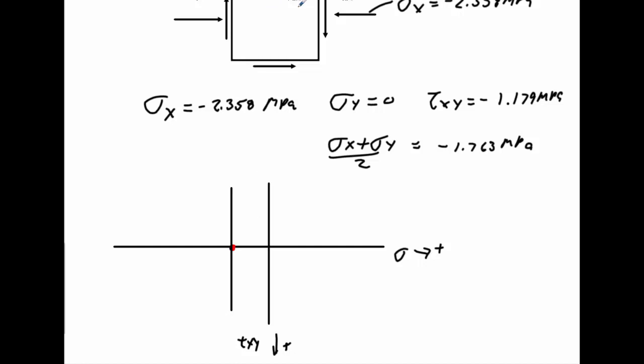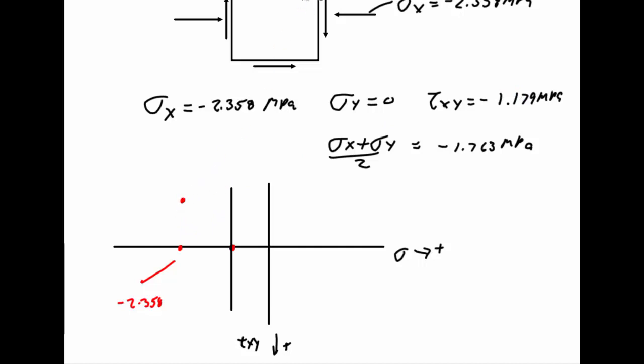So now what you would do, you go back 2.358 over to here. You put a value here. This would represent negative 2.358. Now the shear is negative 1.179, so you're going to go up along here. Remember, you're going up because it's negative, and you put a value right there.